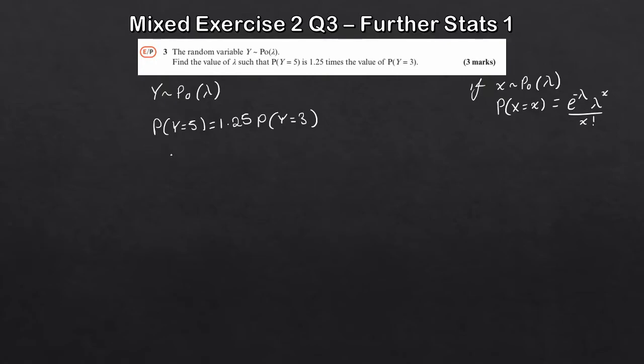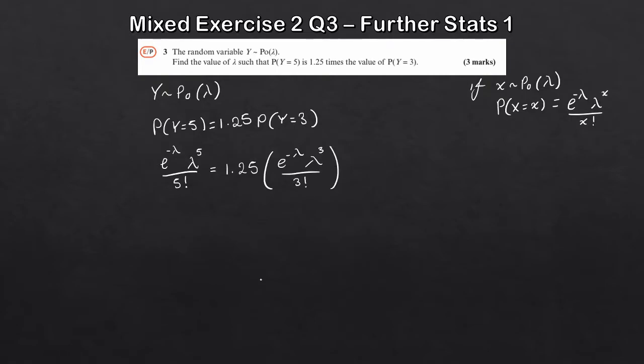So this will be e to the minus lambda, because we don't know what lambda is in our case, times lambda to my little x, which is 5, so lambda to the 5, all over my little x factorial, so 5 factorial. This is going to be equal to 1.25 times, do it all in a big bracket, e to minus lambda again, lambda cubed this time, because this is the probability that y is equal to 3, lambda cubed over 3 factorial.